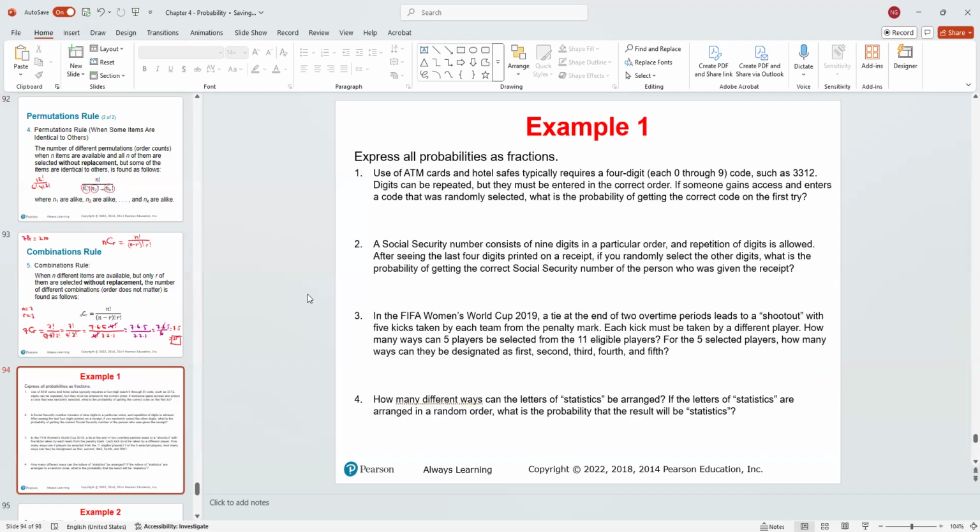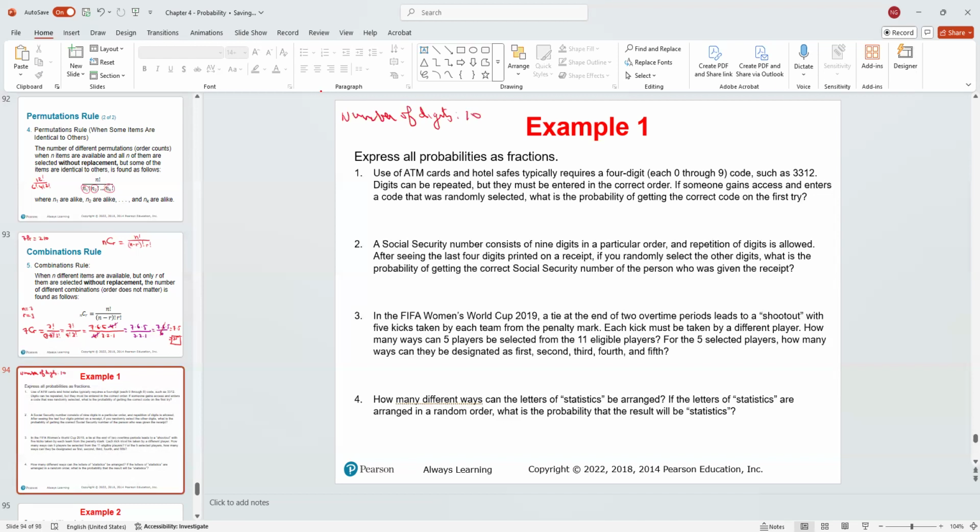Remember, digits. How many digits do we have? Yes, 0 to 9: 0, 1, 2, 3, 4, 5, 6, 7, 8, 9. You always have 10 digits.